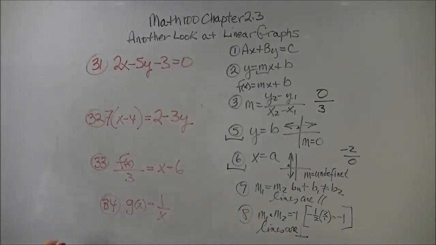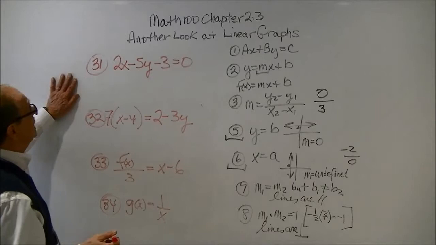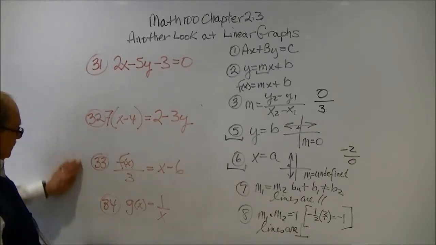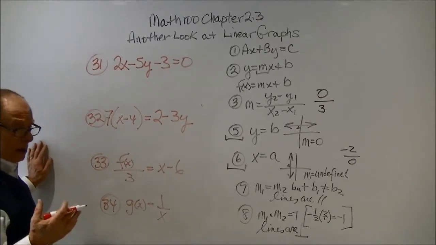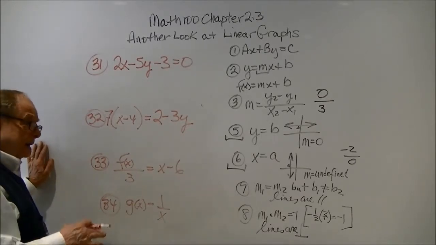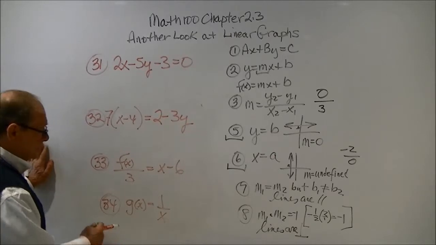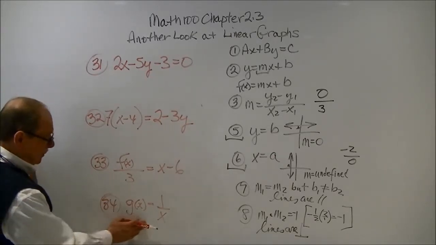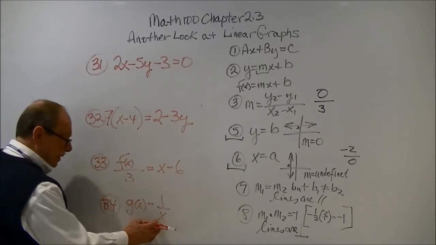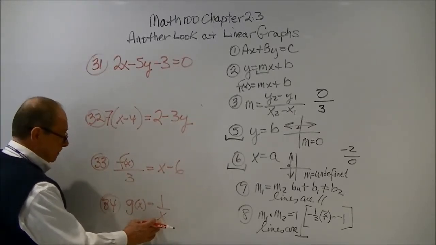My black pen was dying on me, so I had to change to red. But what we're doing for these is to determine if these equations are linear or not linear. Now, we don't see any power to the second power, but 34 down here has a variable in the denominator.